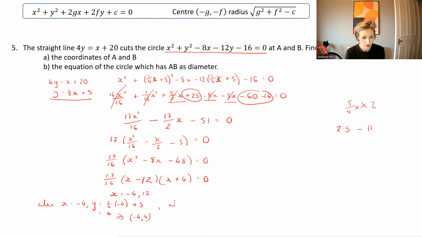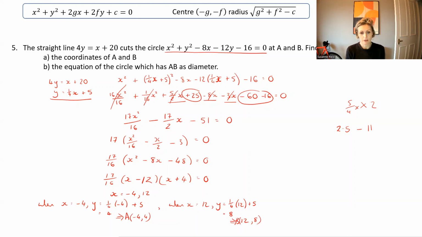And then when x equals 12, y is a quarter of 12 plus 5, which is 3 plus 5, which is 8. So that gives me the coordinate 12 across and 8 up. It doesn't matter which one's which. I'm just going to say that's A and that's B.